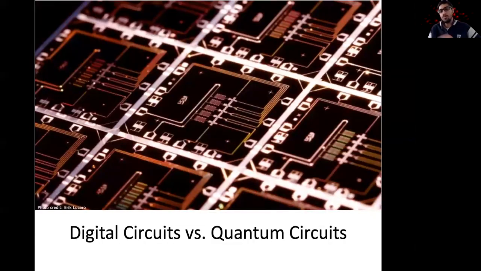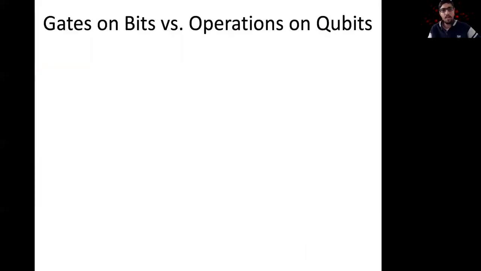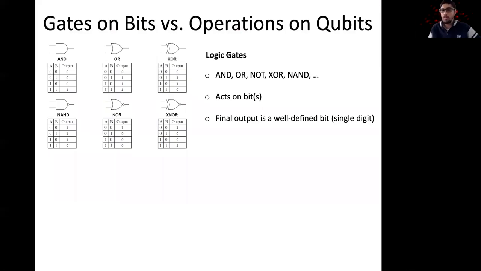Okay, so let's suppose we have qubits and we have protected qubits. How can we make circuits out of them? How can we do computations? I'll just give you some ideas on gates on bits versus operations on qubits. We all know that in classical circuits, you have gates, for example, AND, OR, exclusive OR, and all different kinds of gates which act on bits.